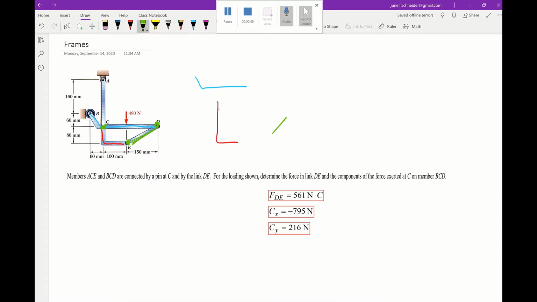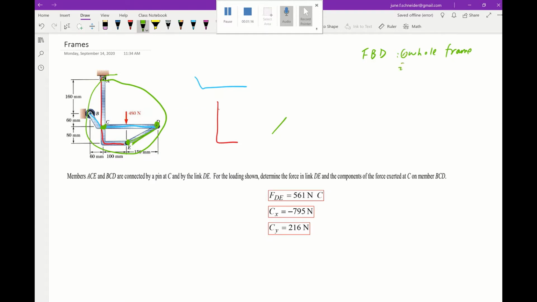So when you study a frame, we need to be aware of a few things. First, you look at the FBD. When you look at the FBD, you have a lot of options now. You have the FBD of the entire frame, the whole frame, which for this case will be this entire frame right here, right?